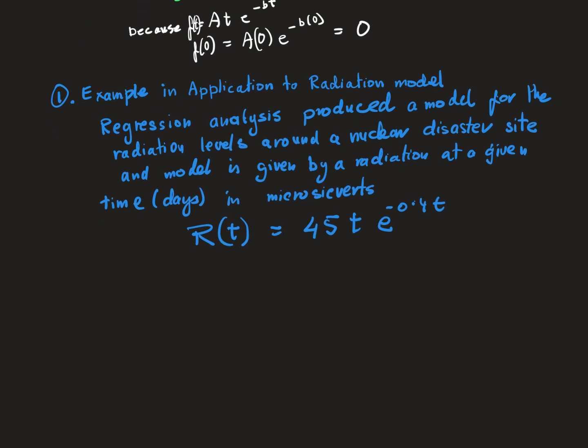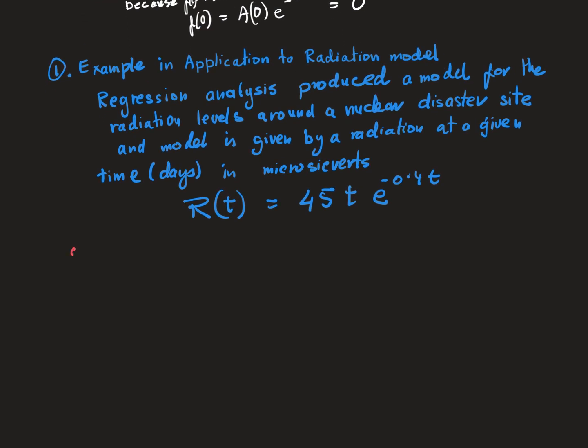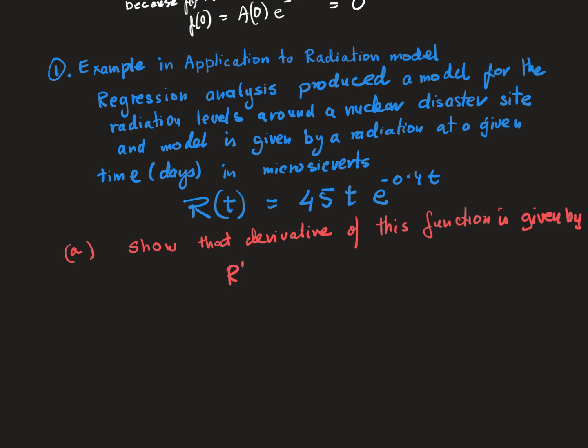Now, the question here that we're going to be starting to ask is (a). So the question here is, first of all, I'm going to show that the derivative of this function is given by, and this will be the derivative of the function.